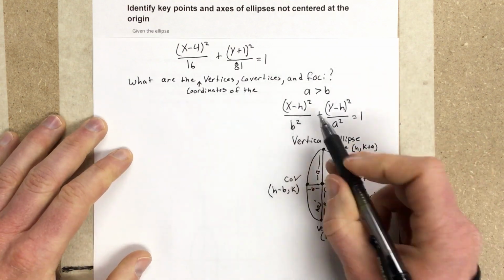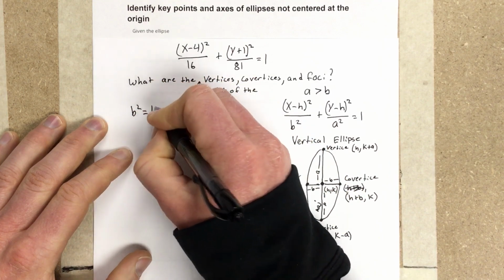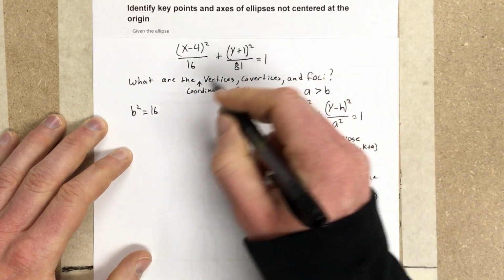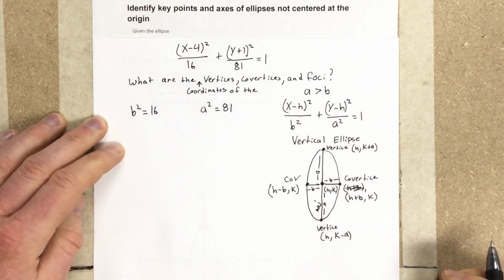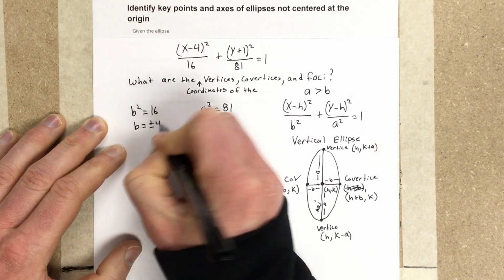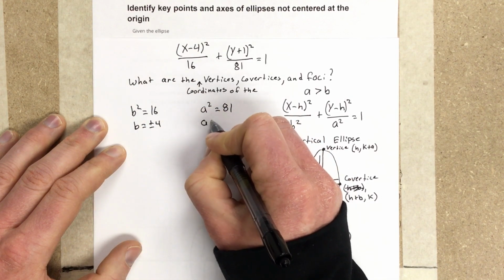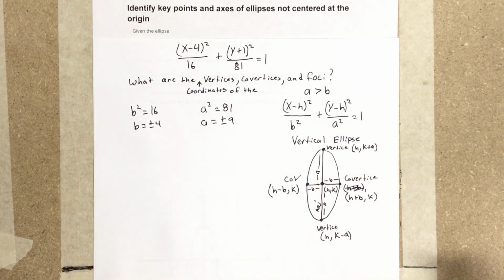Now all I have to figure out is what a and b are. Go back to the formula. b squared is 16 and a squared is 81. Taking the square root, b is plus or minus 4, and a is plus or minus 9. What does that tell us?